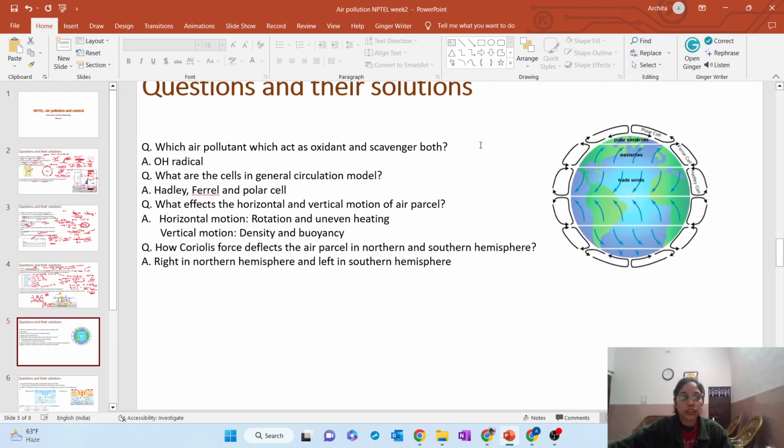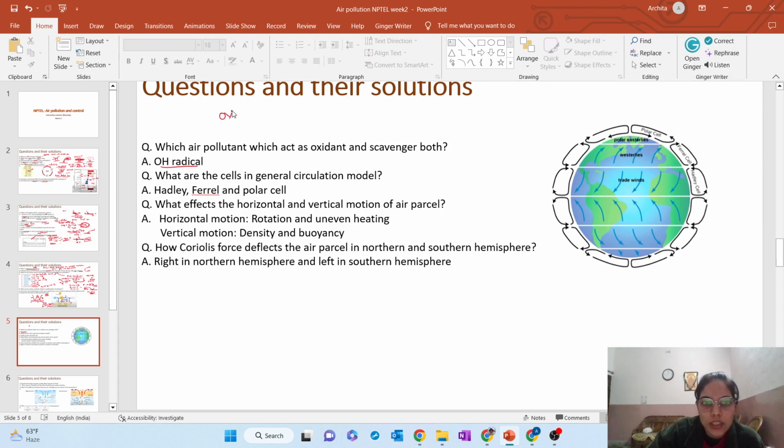There are discussions on the general circulation model in the lectures. Before that, we'll discuss the OH radical. OH is one of the major oxidants in the atmosphere.